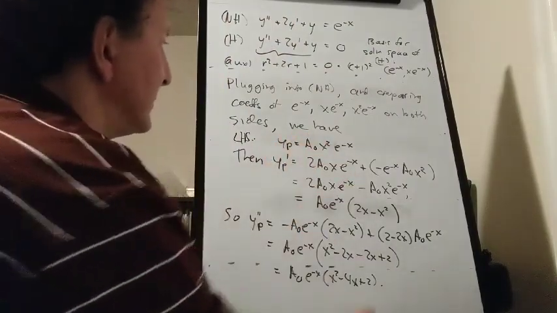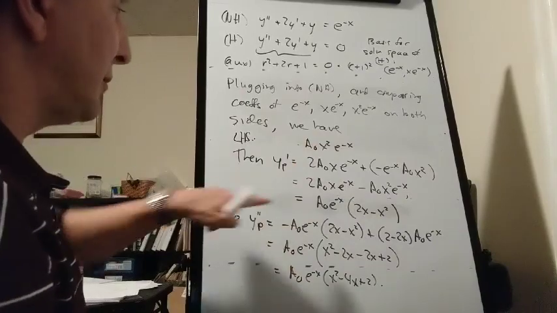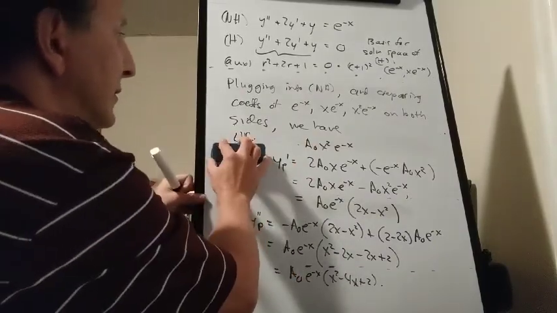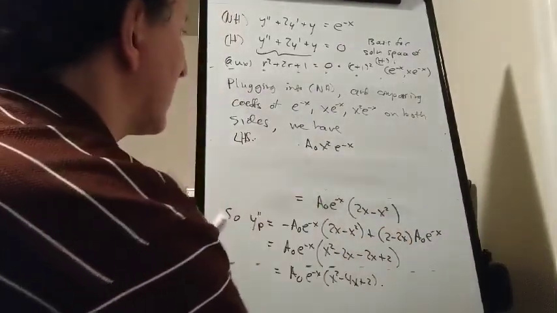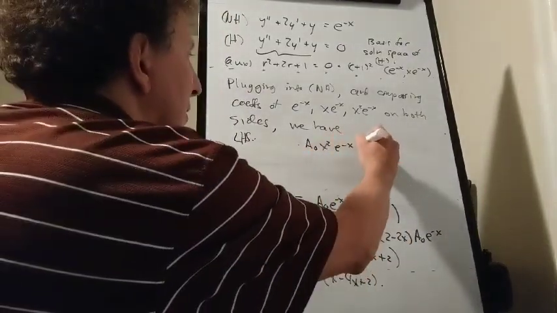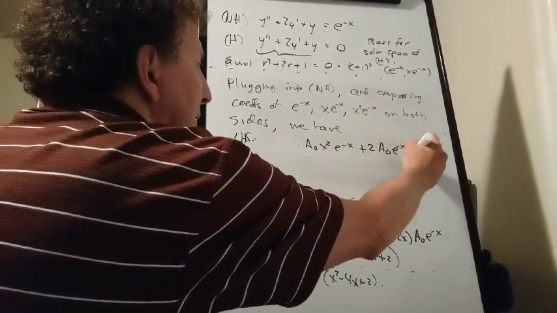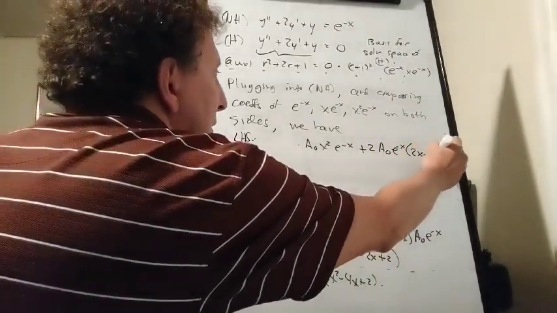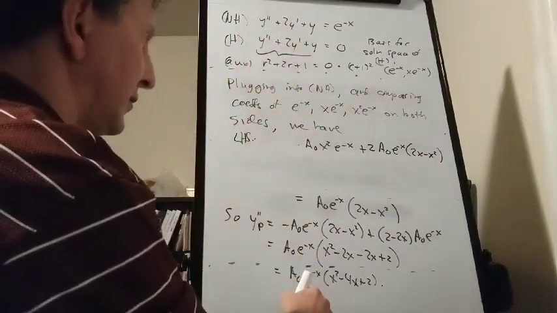So we have that, plus 2 times the derivative, which is right here, plus the second derivative, which is right here.